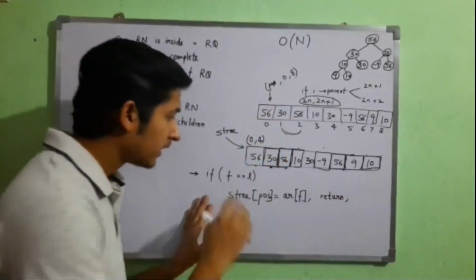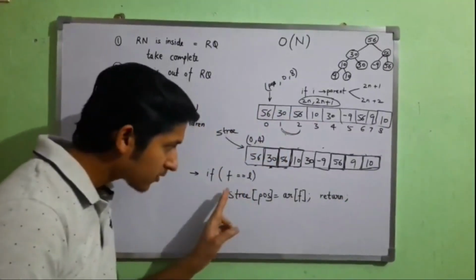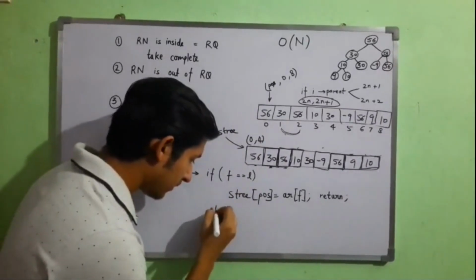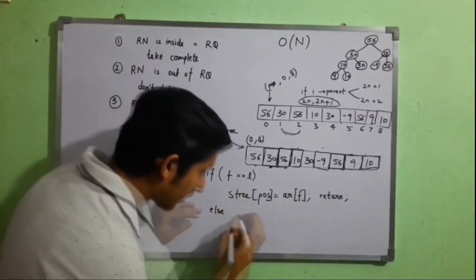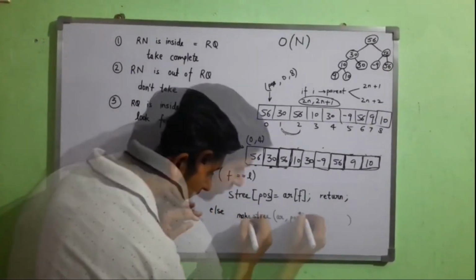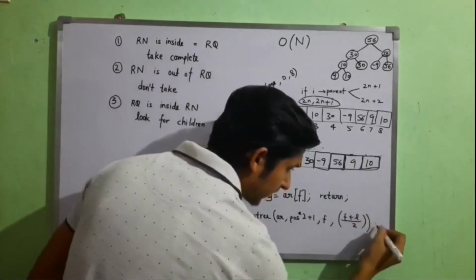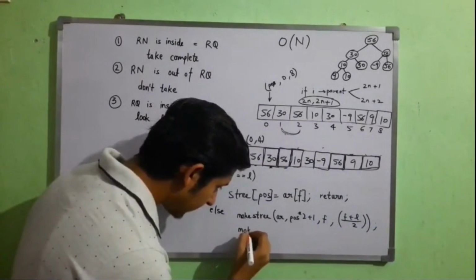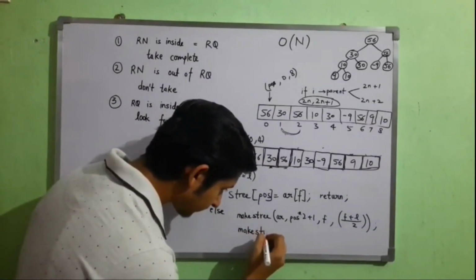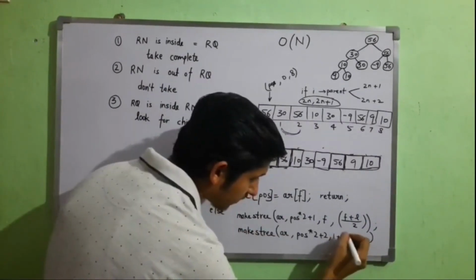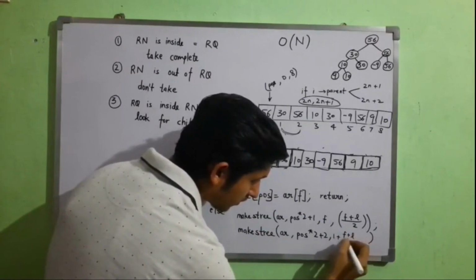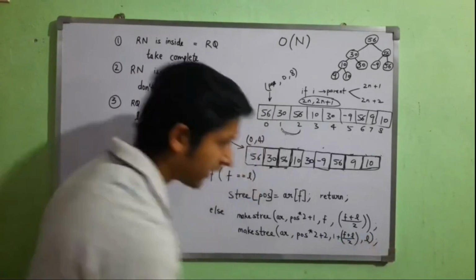But if it is having a range and first is not equal to last, then this means else I'll make 3 position of first child is here. Okay, for second child I'll do this again, 1 plus this, and last will be as it is, and done.